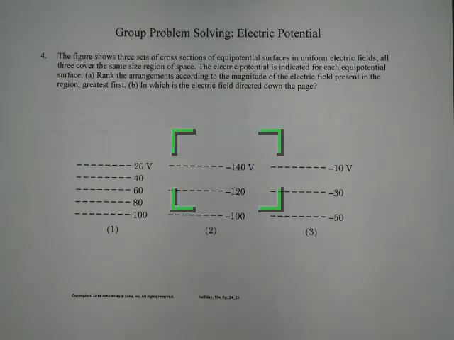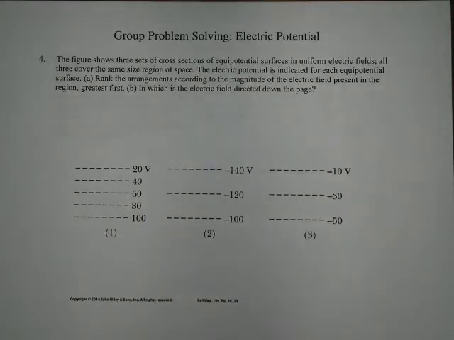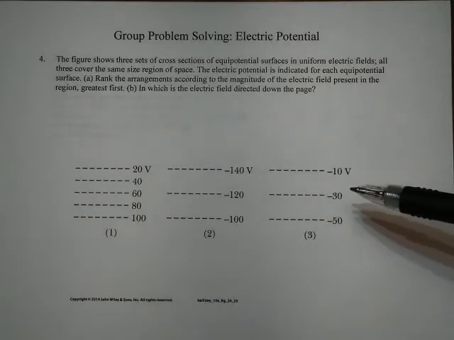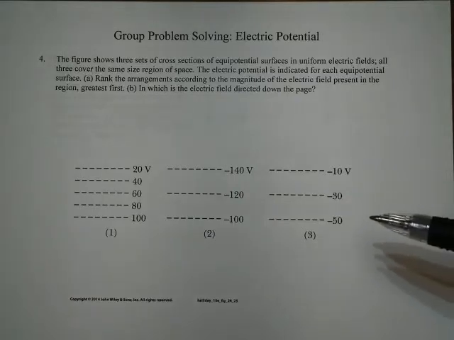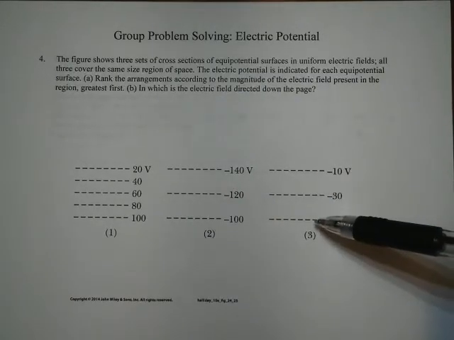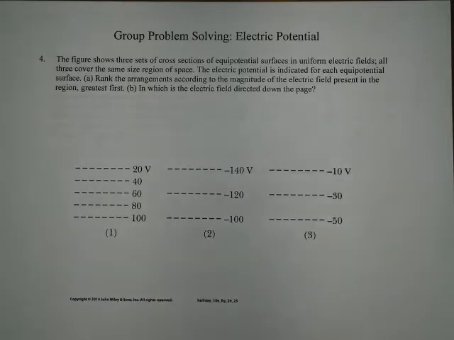Finally, we looked at 3 different geometries of, well, I guess they're all the same geometries. They're all parallel lines. So again, these would be equipotential lines in some region where the electric field is fairly uniform, since these equipotential lines are parallel to each other. The problem reads, the figure shows 3 sets of cross sections of equipotential surfaces in uniform electric fields.